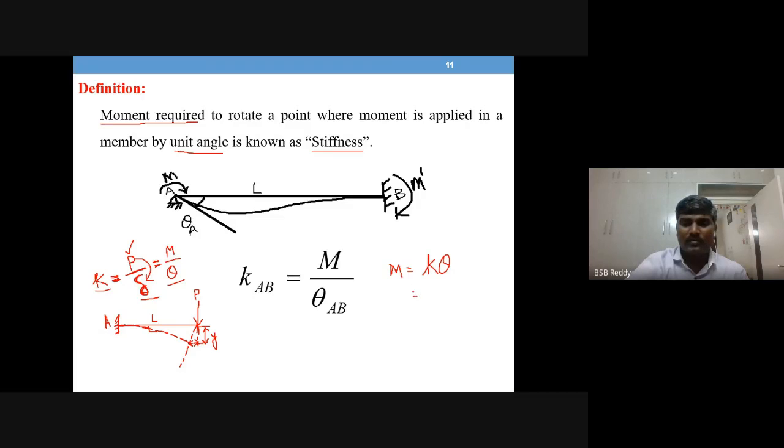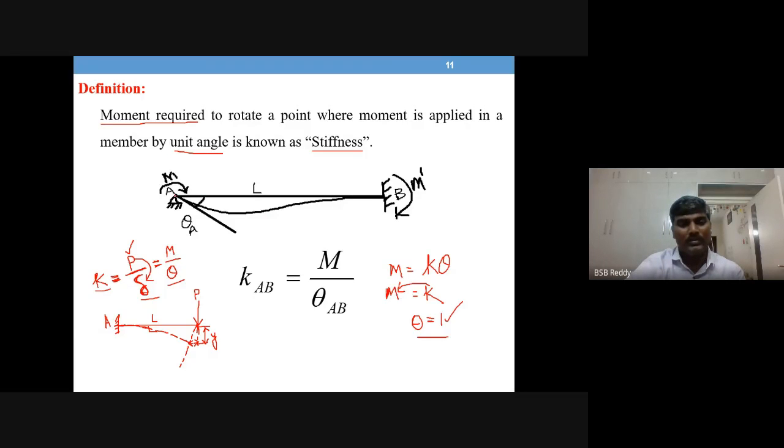So if theta is equal to 1, M is equal to K. The moment required to rotate a point where moment is applied in a member by unit angle is known as stiffness. So stiffness is equal to the moment required when theta is equal to 1. That's how we define the stiffness of a member.